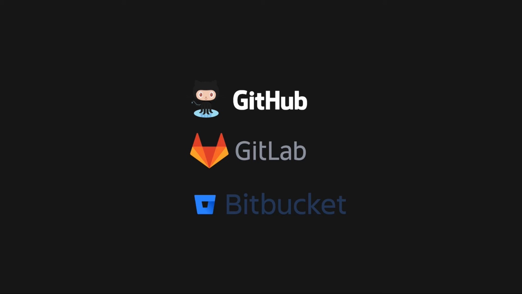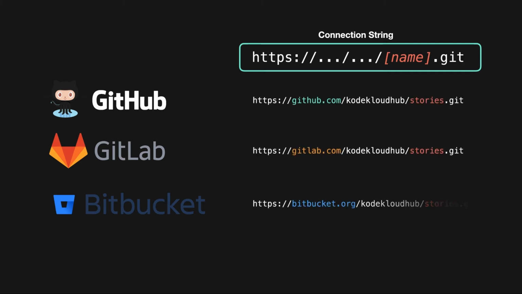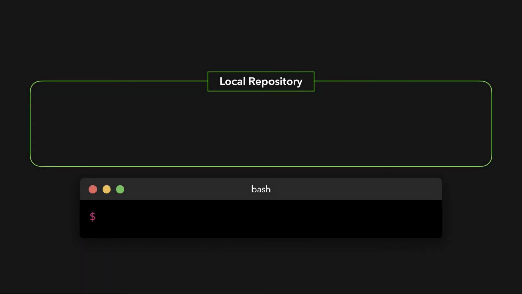Once we've successfully initialized a repository on one of those platforms, we get access to something called a connection string. A connection string is a URL that we can use in order to let Git know where the remote repository is located. We can add the remote repository to our local project with the git remote add command.